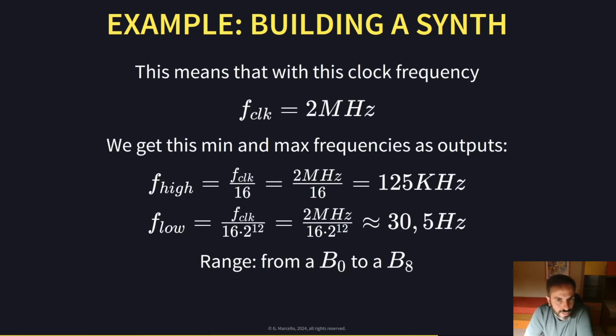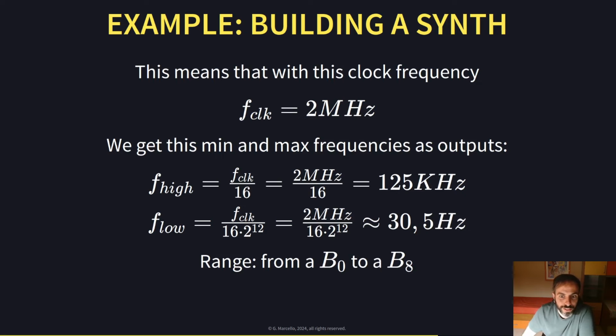This means, with a little bit of math, that with this 2 MHz frequency you have a range of frequencies from 30.5 Hertz to 125 kilohertz, which is roughly from a B0 to a B8.